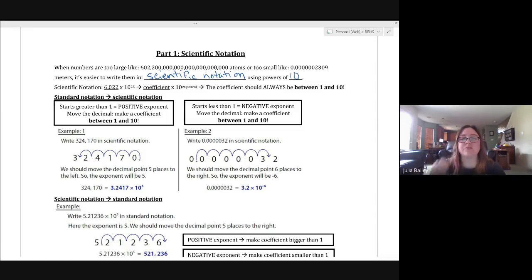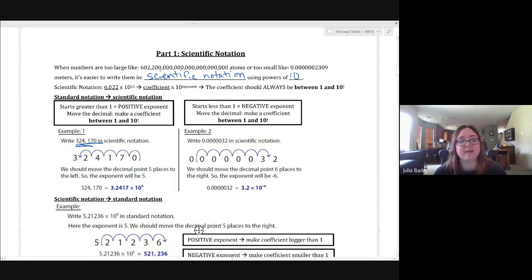The way to do that is to move the decimal point. If you start with a number greater than 1, like this example, 324,170, then that is going to end up as a number with a positive exponent when it's in scientific notation. And to move the decimal, we just keep moving the decimal to make a coefficient between 1 and 10. So if we're starting with 324,170 and we think about which way do I need to move the decimal?